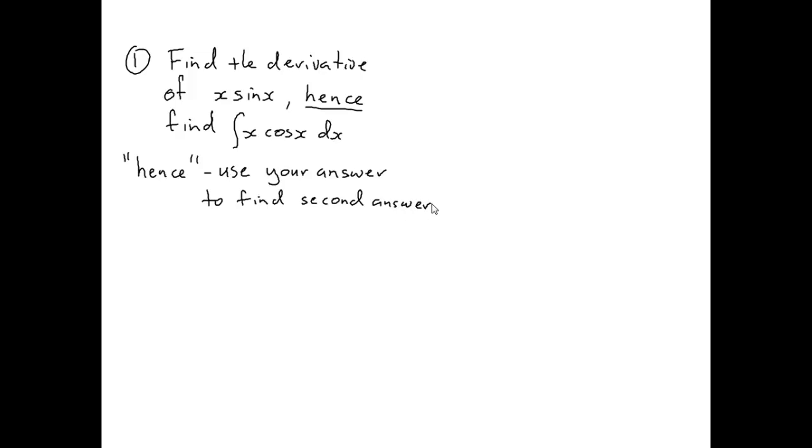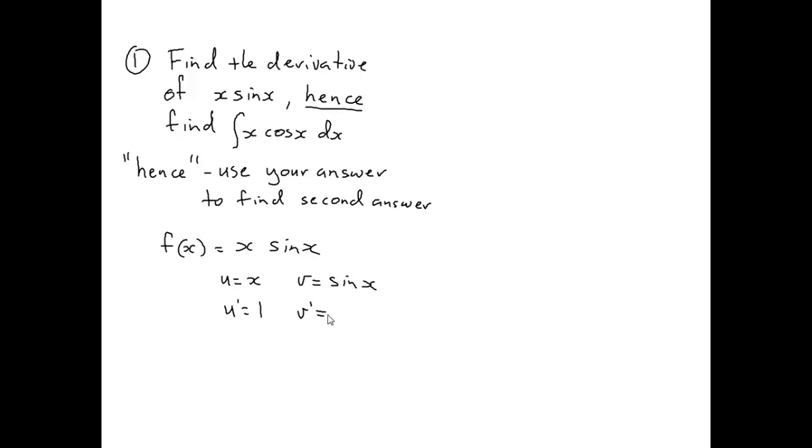So let's start. We started with the function f of x equals x sine x. We want to find the derivative of this. Recognize that as a product of a function by a function. So I'm going to let u equal x, v equals sine x. The derivative of u is 1.